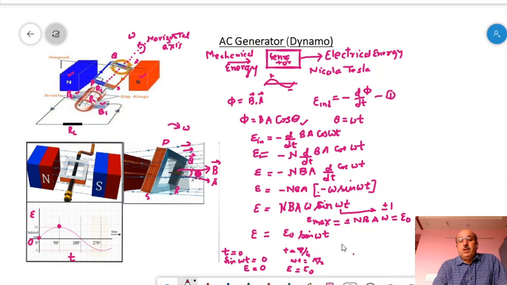Similarly, at time T by 2, omega t will be pi, and E is equal to 0.